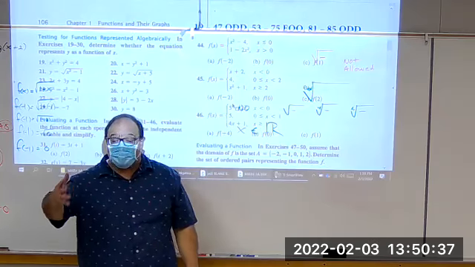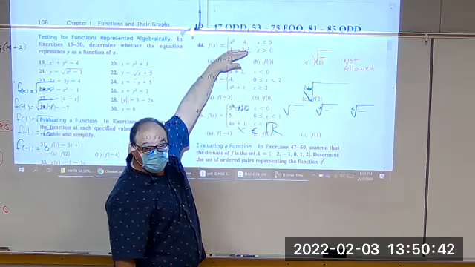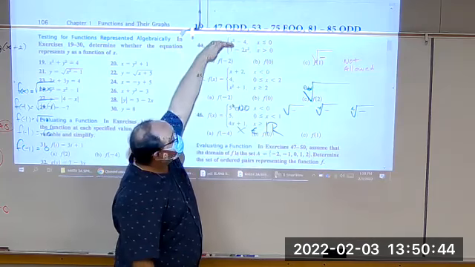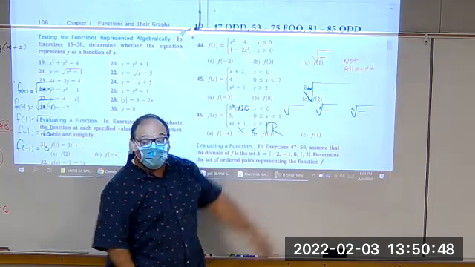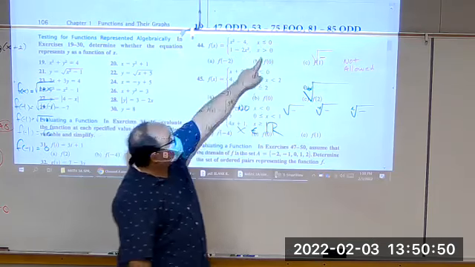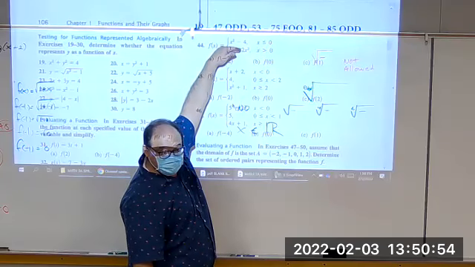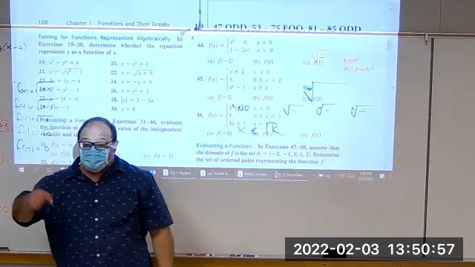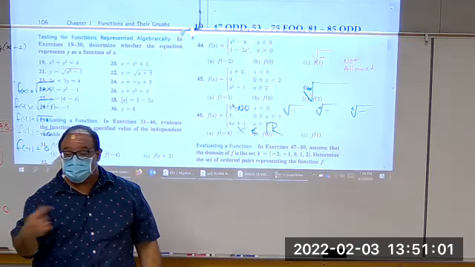If I want to plug in -3, I plug it into that first piece, not the second. If I want to plug in 0, I plug it into the first piece because I have the equals. If I want to plug in 5, well, 5 is greater than 0, so I plug it into the second piece.